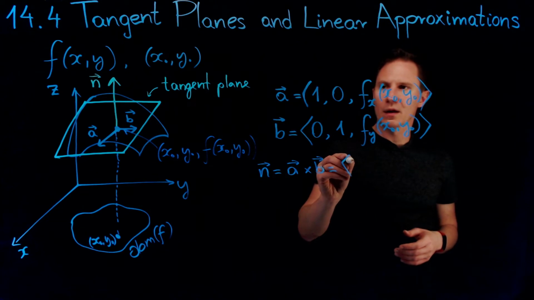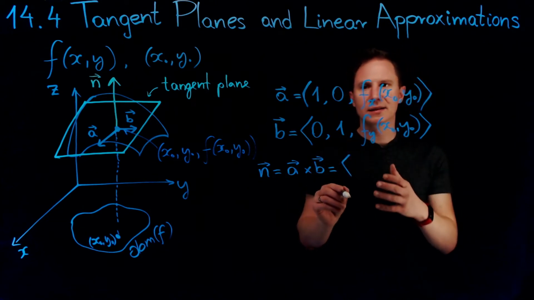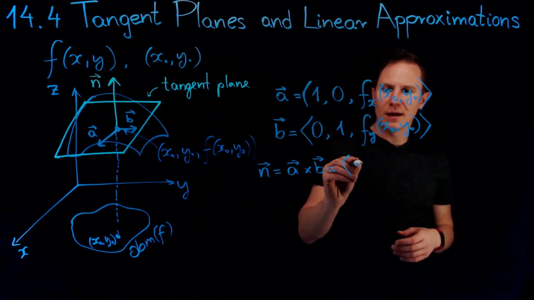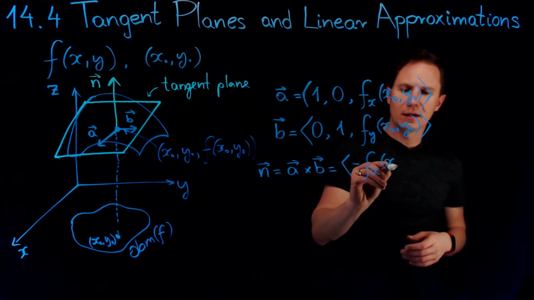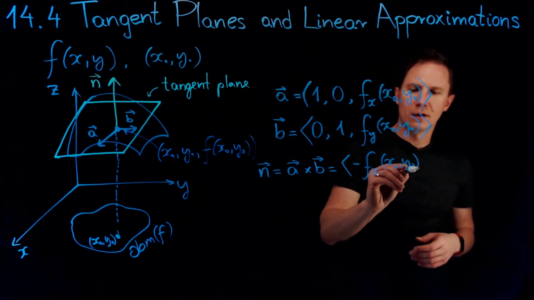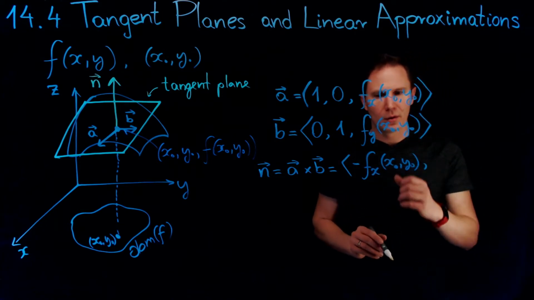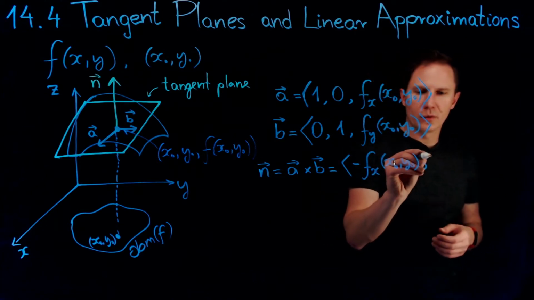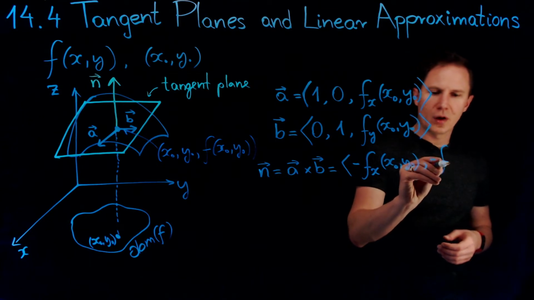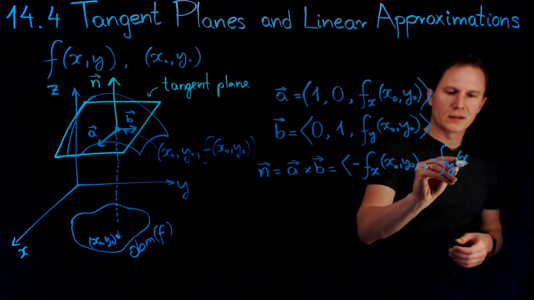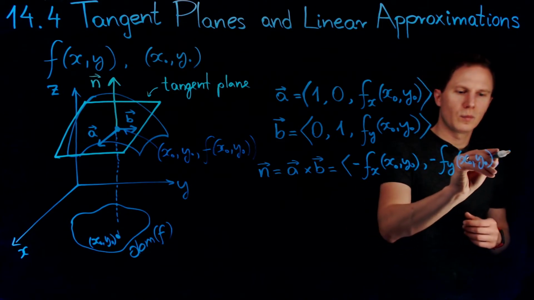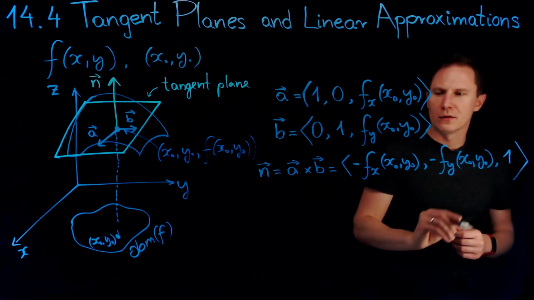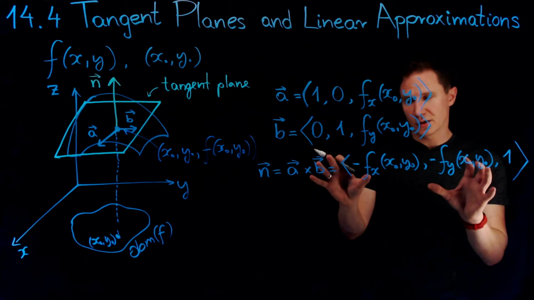The x component is minus f sub x at x naught, y naught. The j component, or y component, is minus f sub y at x naught, y naught, and the z component is plus 1. So this is the normal vector to the tangent plane.